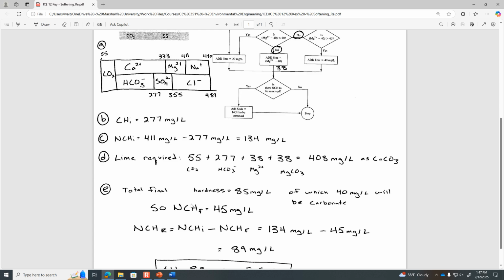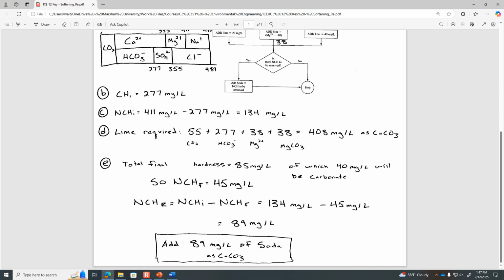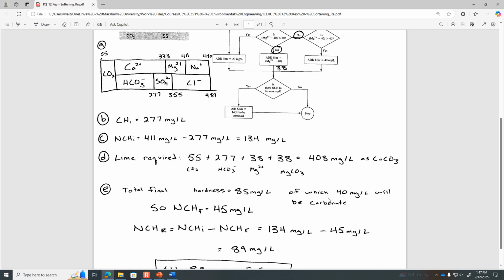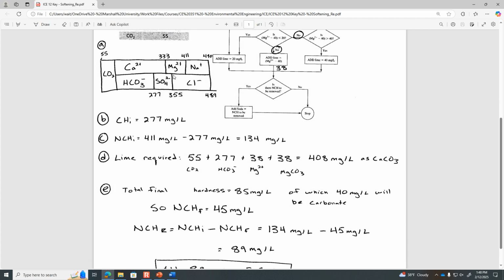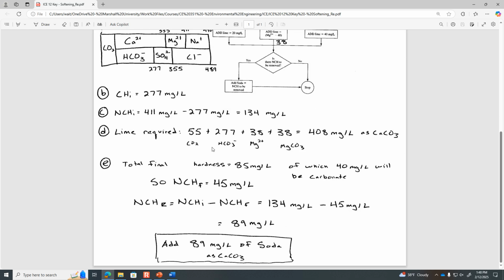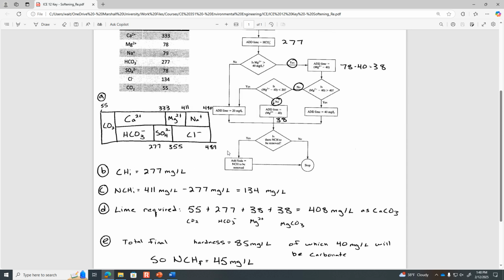So that means that the amount of soda that we're going to add is going to be enough to remove, if 40 is carbonate is allowed and 45 is the non-carbonate, then we're going to try and remove the magnesium that was here, 78 milligrams per liter. We're going to remove all but 45 milligrams of that. And to do it, we have to add 89 milligrams per liter of soda because of how much non-carbonate hardness there was.